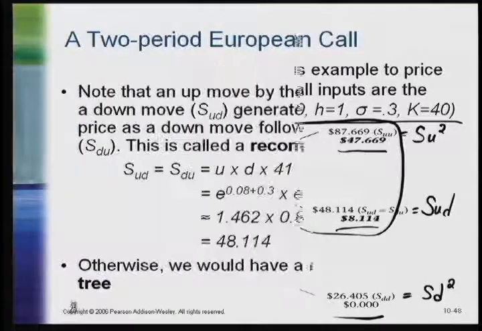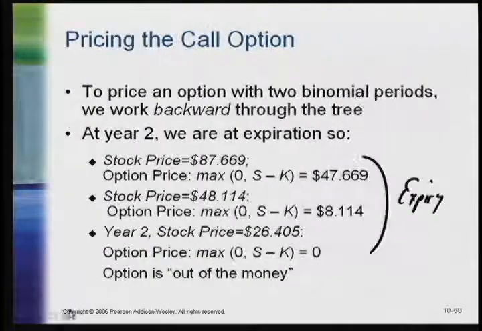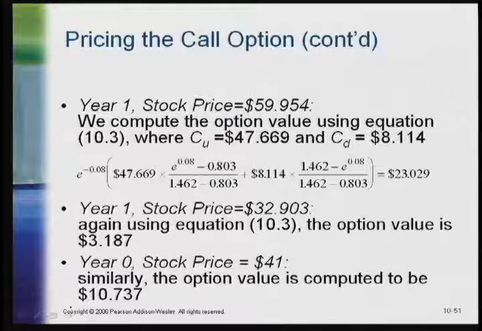And that's what's done on the slide we were just looking at. Namely, we have an expiry value of 47 and 8. This is the expected present value. This is the formula for p star, the risk-neutral probability, and this is the formula for 1 minus p star.